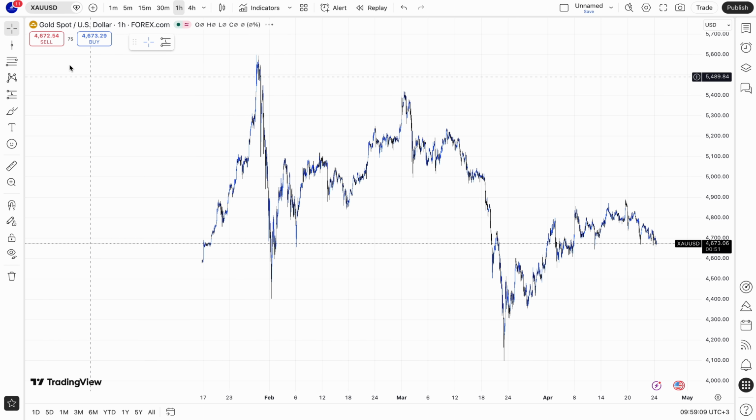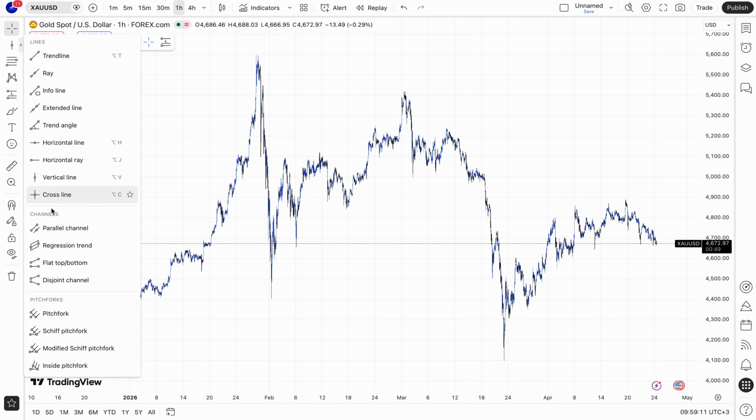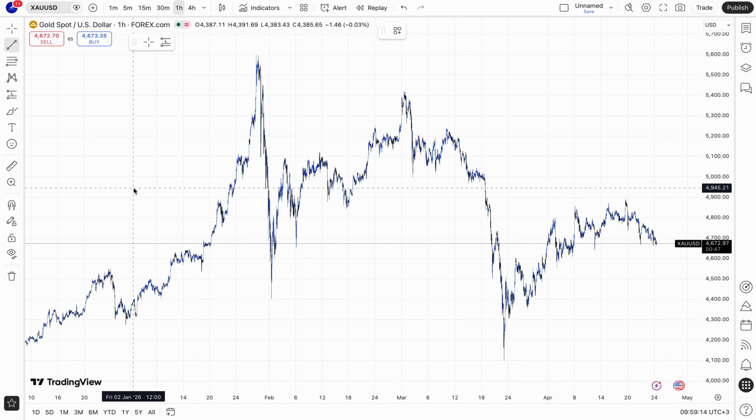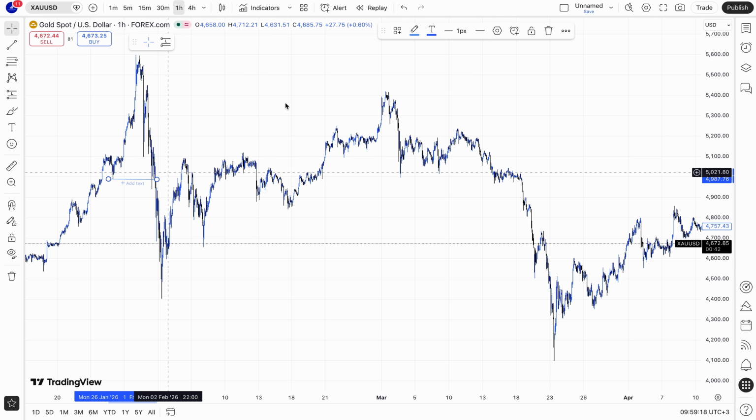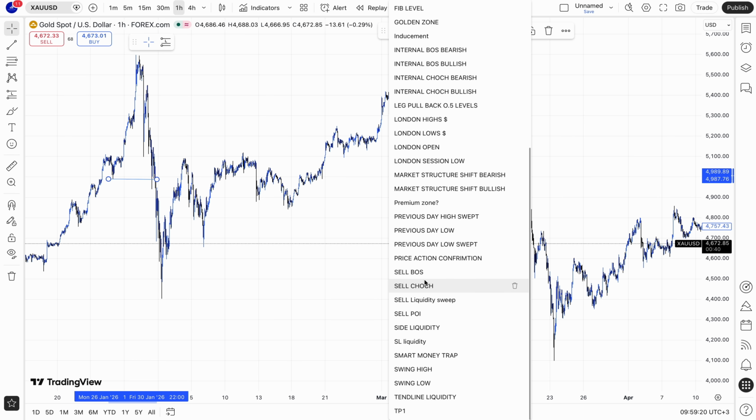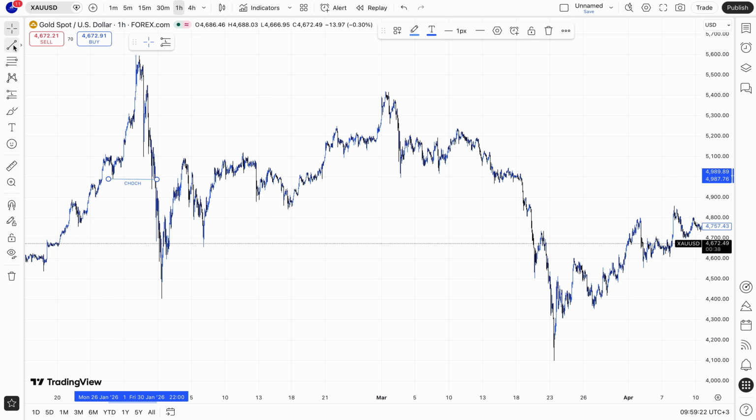Our external market structure for gold is very simple. It's bearish after having this change of character to the downside, then a continuation break of structure to the downside.